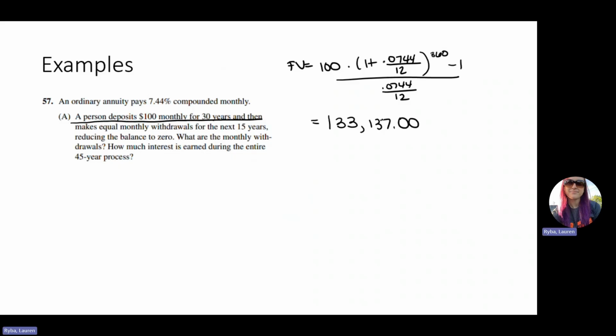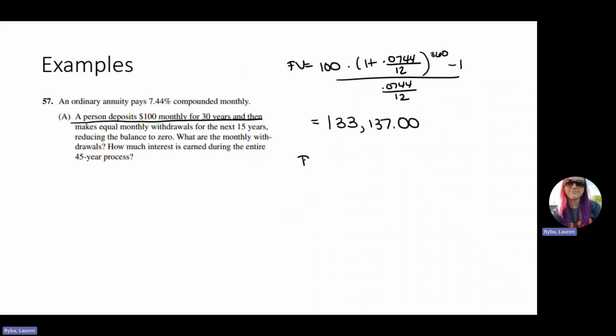And then from there, I want to withdraw monthly for the next 15 years. So I'm using that money monthly till it all goes away.